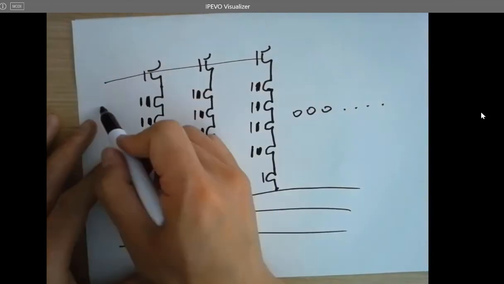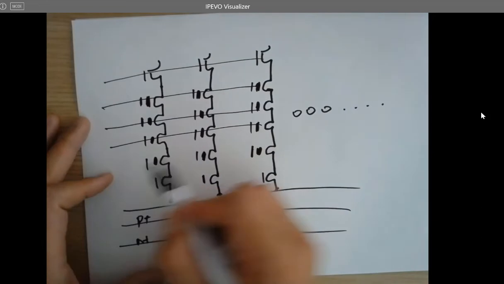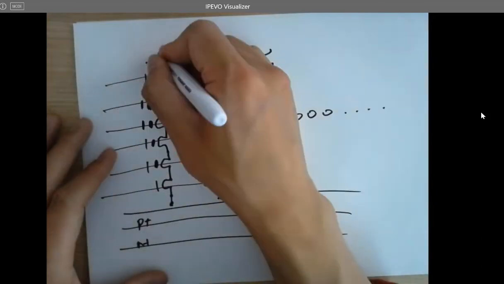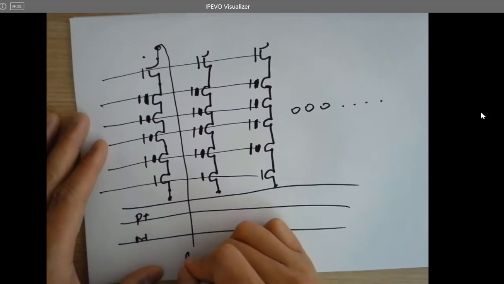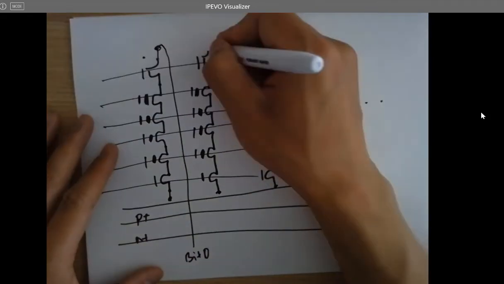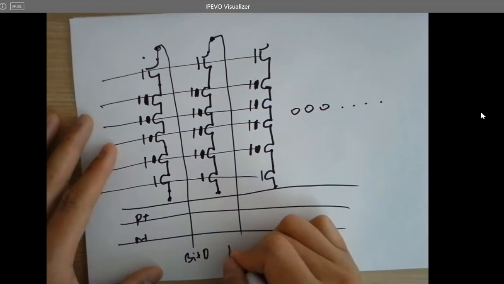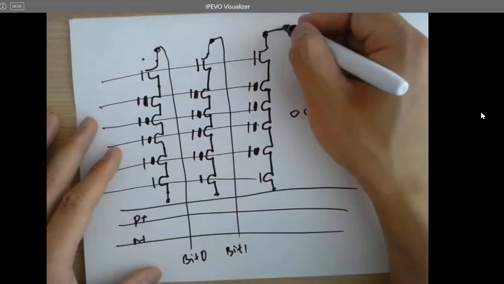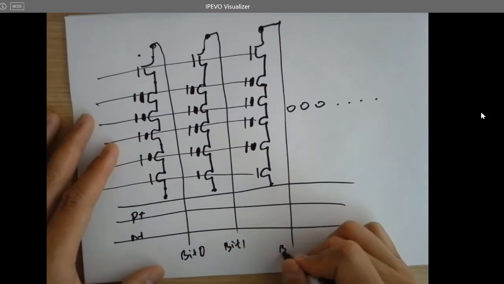And all these ones are shorted together, so for all the gate. And these are being shorted to the bit lines. That's bit 0. That's bit 1. Let's just call it bit 2.